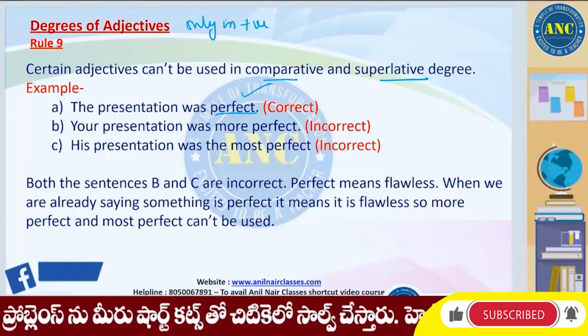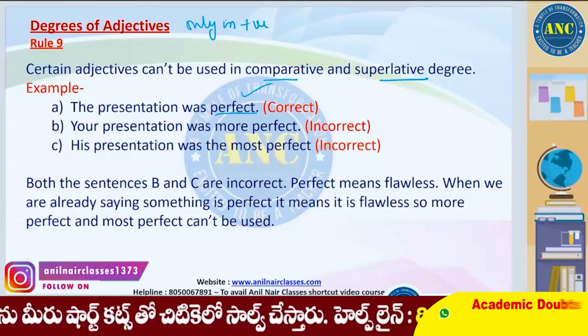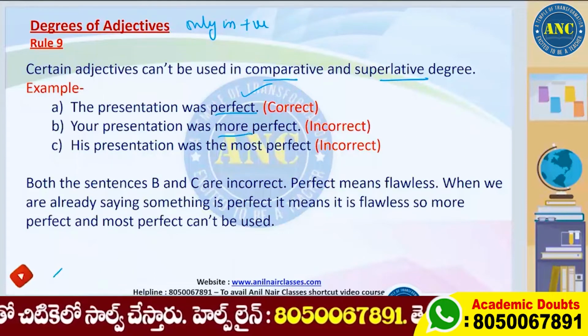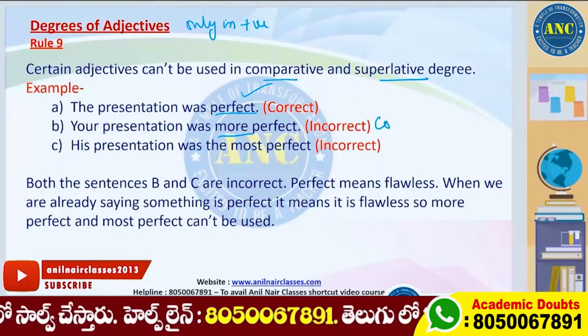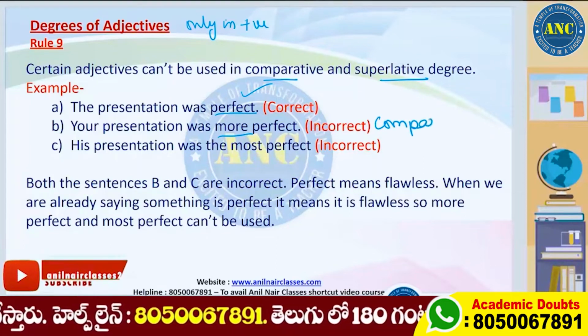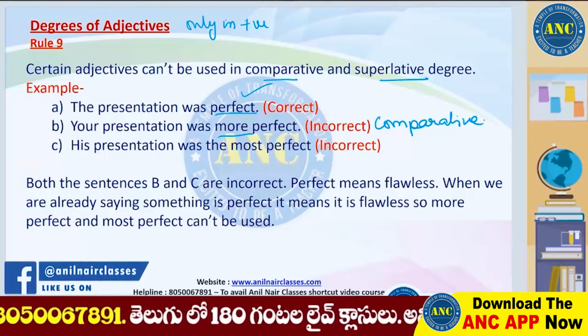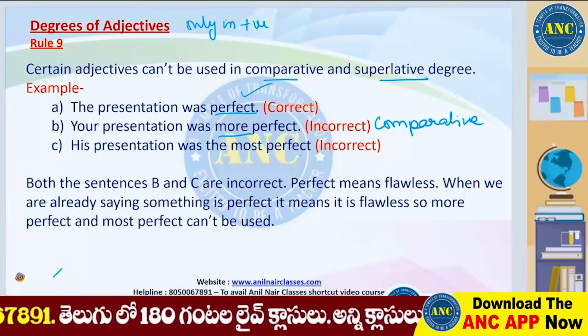So it's correct. But if you say your presentation was more perfect, now more is a comparative degree. We don't need a comparative degree because we can't use these things in the comparative degree. His presentation was the most perfect.